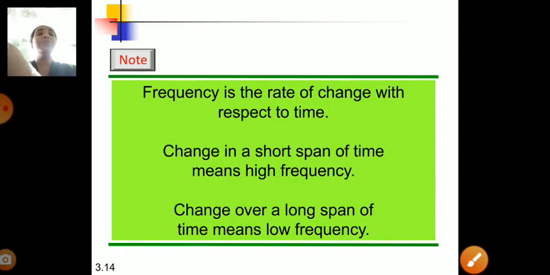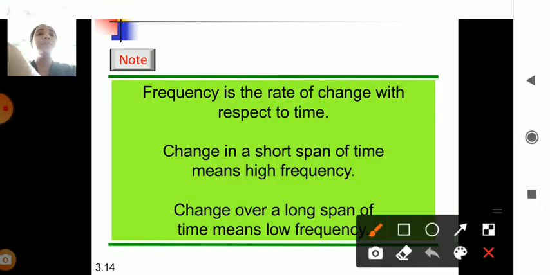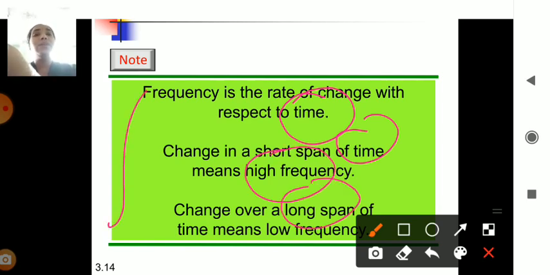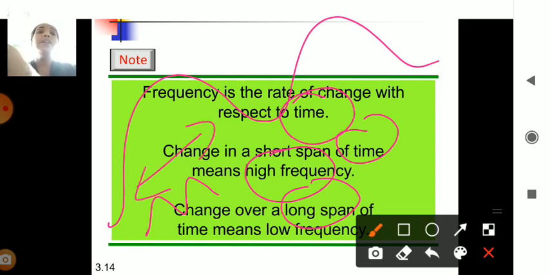The units of period and frequency relate to the rate of change of the signal with respect to time. If the change happens in a short span, then it is high frequency. When it takes too much time, the wave has a lower frequency.